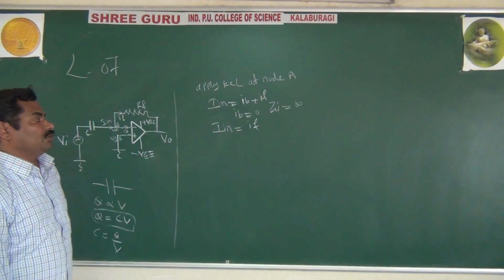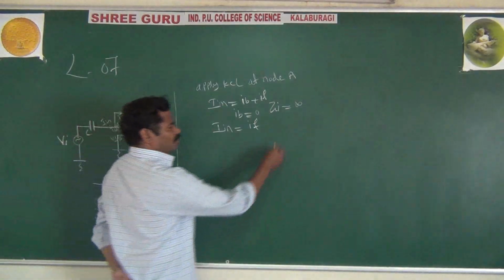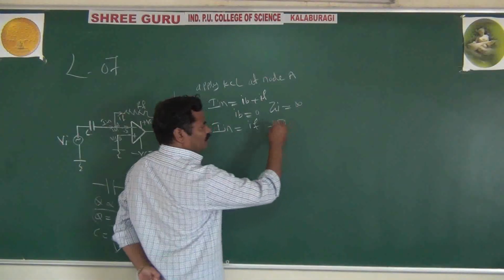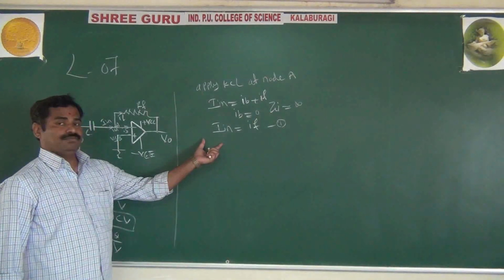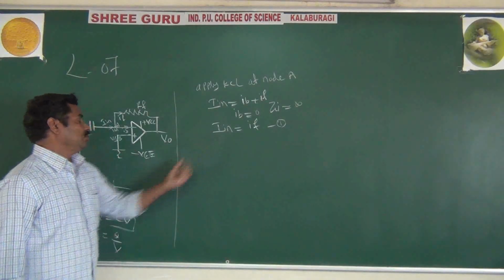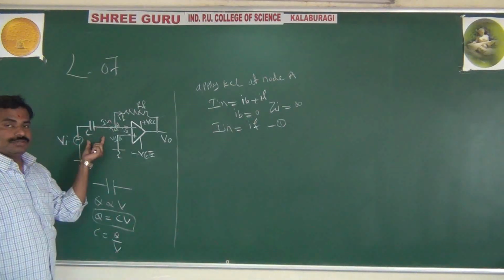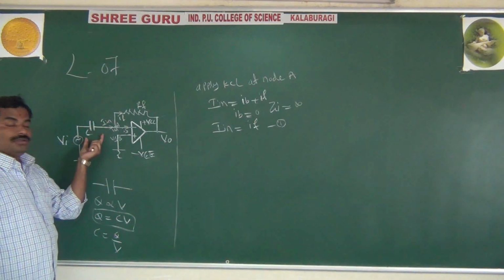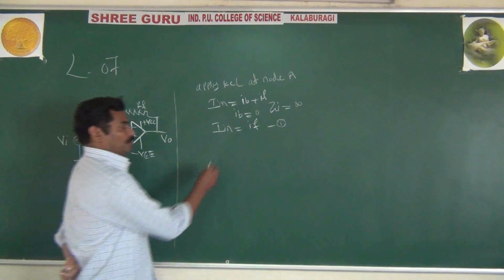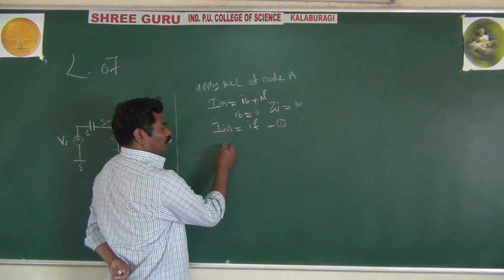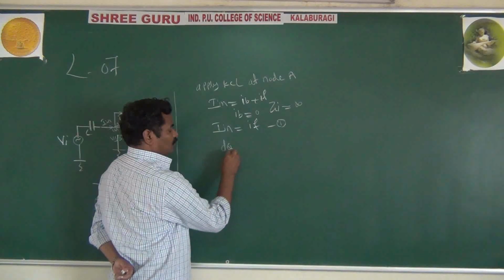This is so important, which you can consider as equation number 1. And as usual, we want IN. Now you are considering the capacitor, so how much current is flowing in the capacitor? As you know, the current in a capacitor is nothing but dq by dt.